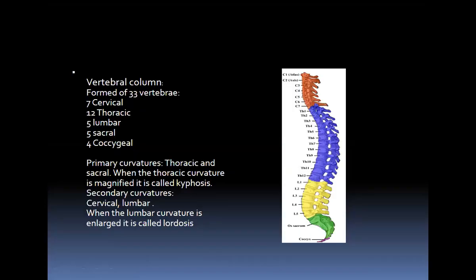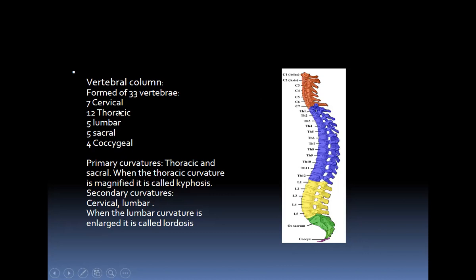Now coming to some details about the backbone. The vertebral column forms 33 vertebrae. There are 7 cervical in the neck, designated C1, C2, C3 up to C7.